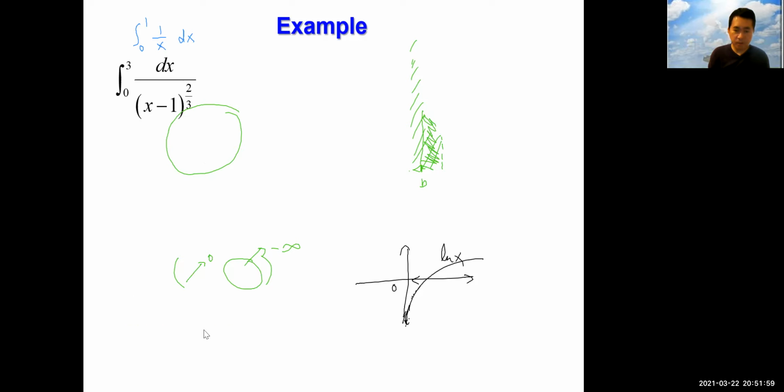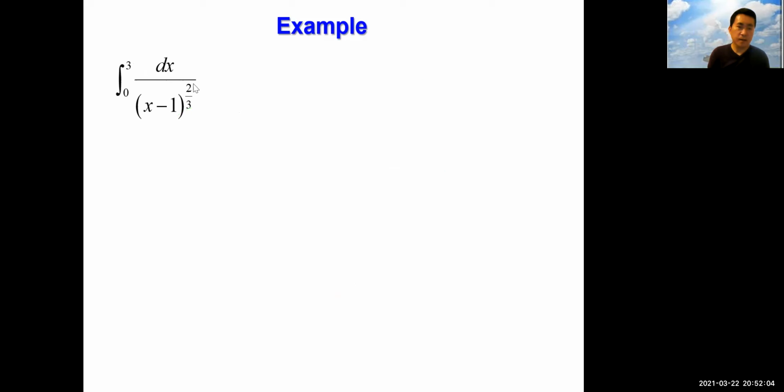Now let's look at another example. Again, the integral is written a little bit weird, or at least I'm not comfortable writing the integral like this. Instead, that should be equivalent to the integral from 0 to 3 of 1 on the top, over x minus 1 to the 2/3 power, dx.